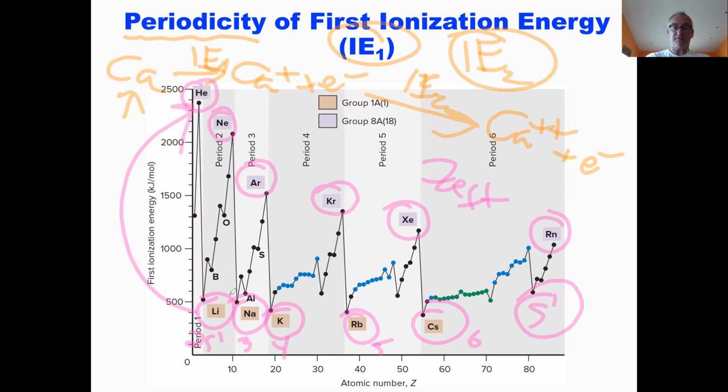So lithium goes from being very, very easy to steal an electron from to becoming practically impossible to steal an electron from. Same with sodium. Sodium goes from being very easy to steal an electron from to looking like neon, where it's practically impossible. So they go from unstable to very, very stable by taking that one electron away. So we can see that this is also periodic.